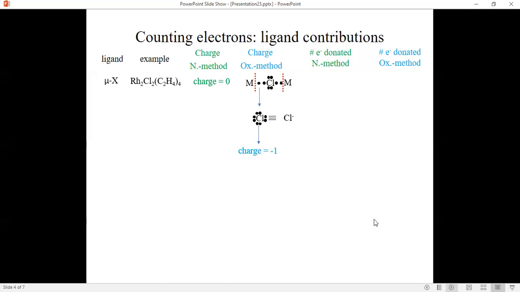Now what is the number of electrons donated in the neutral atom method? In order to determine this, you first have to think about how to cleave the bonds. In this case, you have a more complicated task because you have 2 bonds to cleave. So you have to assess each bond individually.